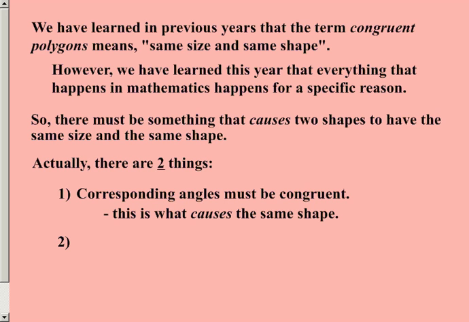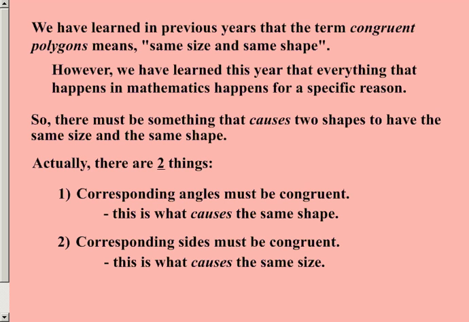The second thing we are after is going to be our corresponding sides. We're also going to need our corresponding sides to be congruent. And if we can get that to happen, corresponding sides being congruent is what will cause us to have the same size of our two shapes.